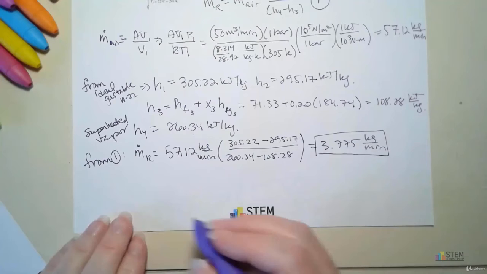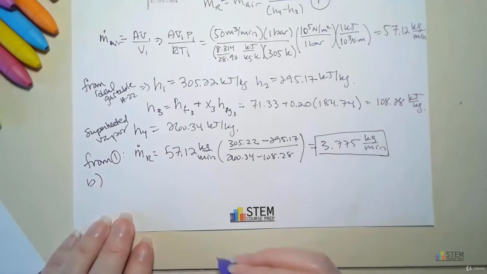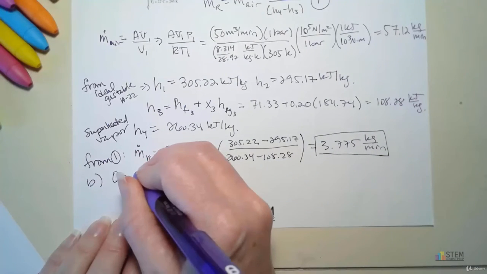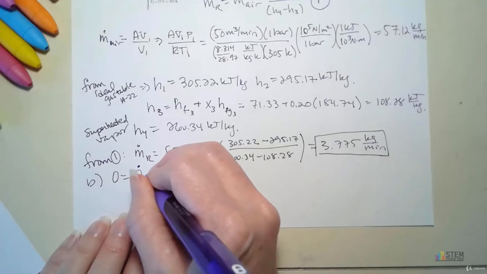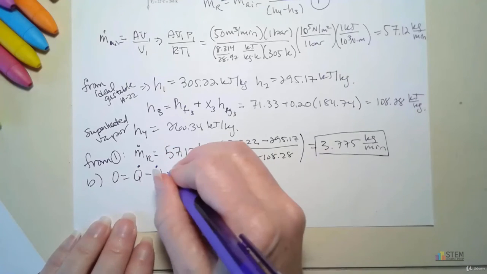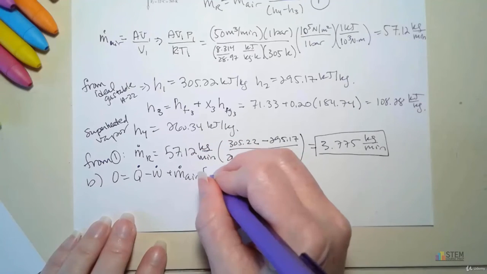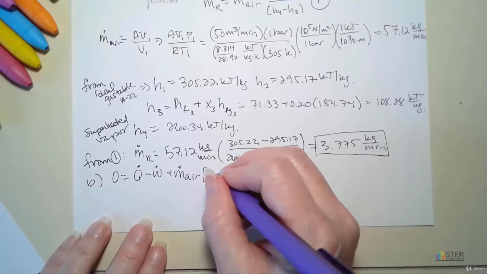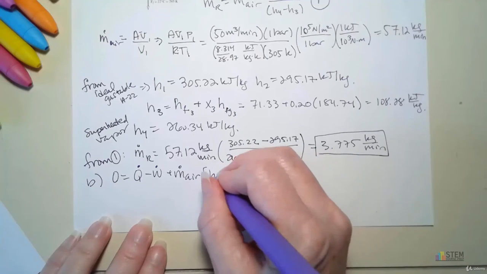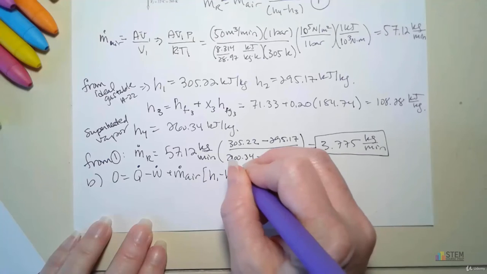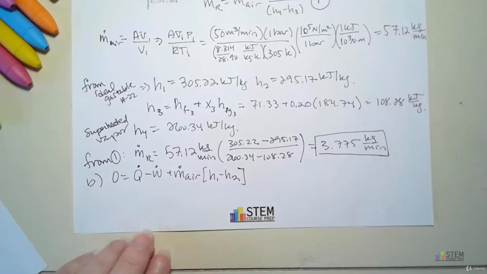All right, so let's go down here. Let's write out our equation. We're going to have 0 equals Q dot minus W dot plus M air dot, and then let's go ahead and multiply by H1 minus H2. Now, as I was writing that out, I just realized we're looking for the Q dot between the air and the refrigerant.